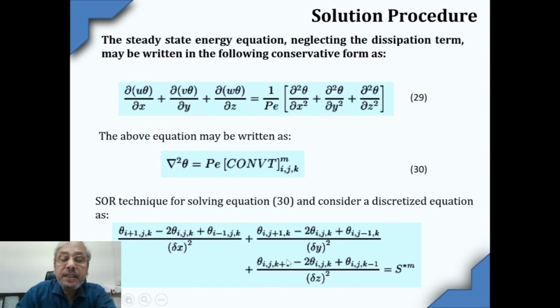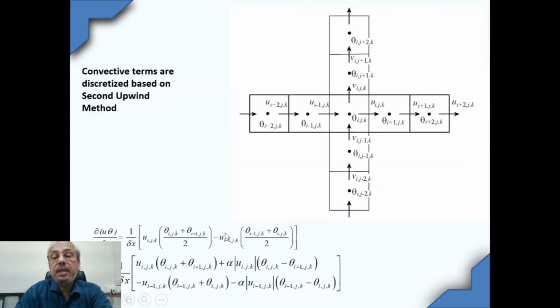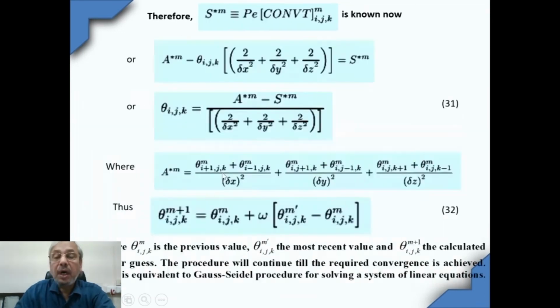So theta ijk and the neighboring thetas are involved on the left hand side. Now again let us go back to the expression.